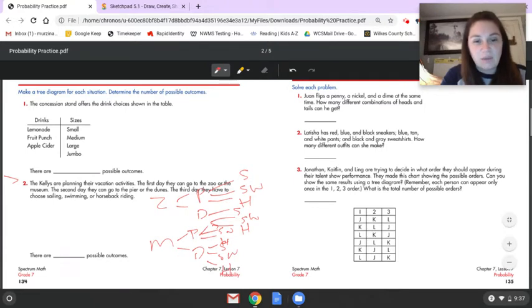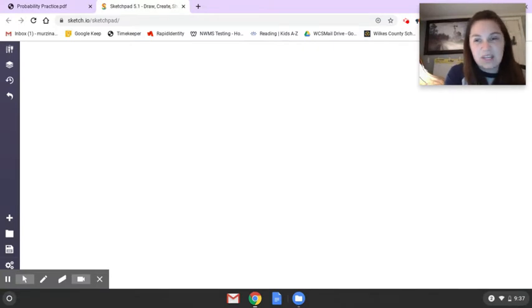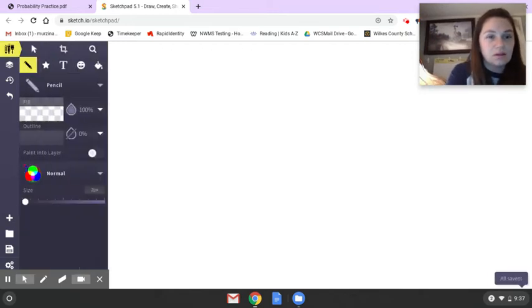Now that would be what our tree diagram would look like if we were to draw that. And this is asking us, it says to draw a tree diagram for each situation. Let's see. Let's try it over here. So to try to keep it from being so smushed up, let's take a look here. So the first day they can go, whoops, I need to change my pencil here.